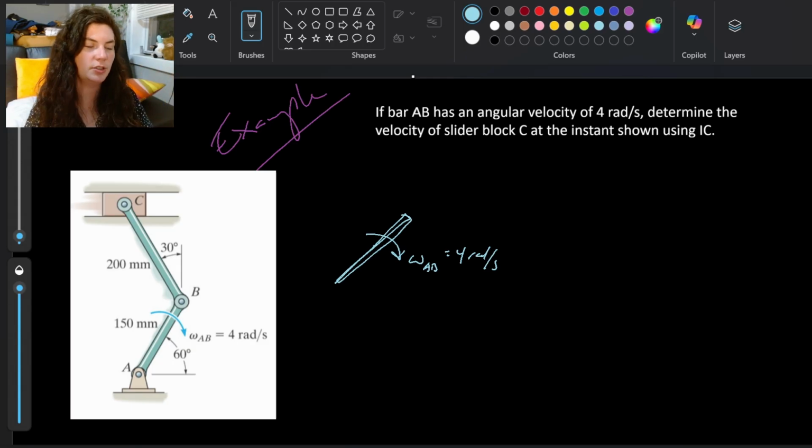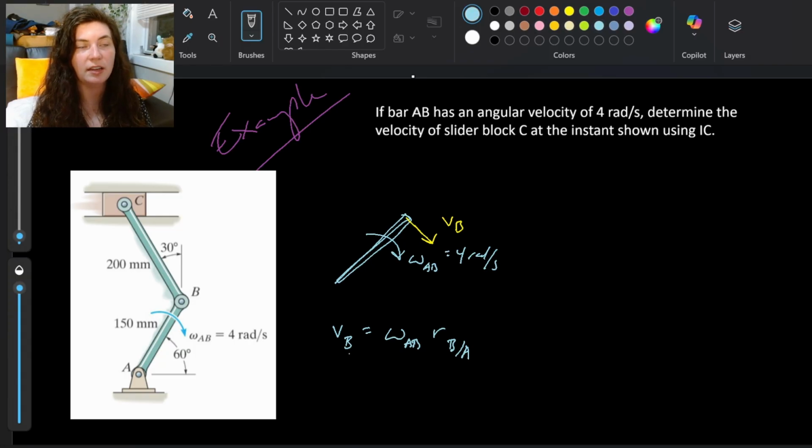Right, so we can go back to a couple videos ago when we were doing just rotation about a fixed axis, and thankfully that had a pretty simple equation where we said VB for this is just going to be omega AB times R of B with respect to A. Right, so that's our omega times our distance, and that VB is going to be perpendicular to R of B with respect to A, right? Perpendicular to that member there.